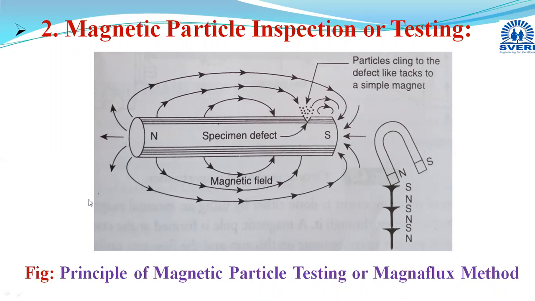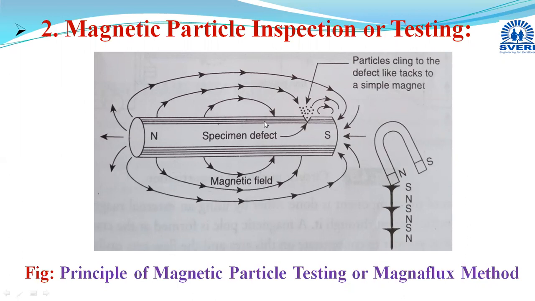In the first method, termed the dry method, we magnetize the component or specimen and the fine ferromagnetic powder is applied simply with the help of a vibrating screen or hand shaker. Then it is a dry method.